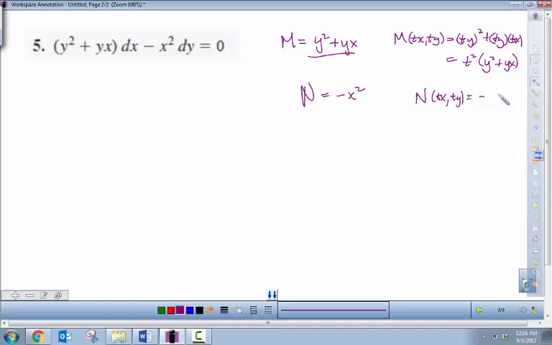There are no y's. So I'm just going to replace the x with t times x, and I can factor out a t squared. Then it's just t squared times the original N function. So now I have the second function, N, homogeneous with the same degree, degree 2.